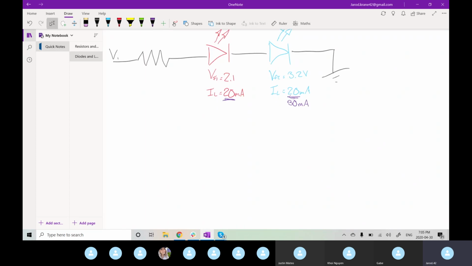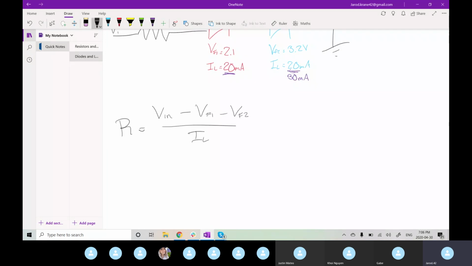But the logic still follows: Vin minus the voltage drop minus the voltage drop, all over your limiting current.